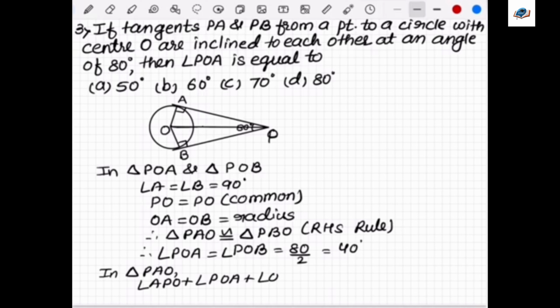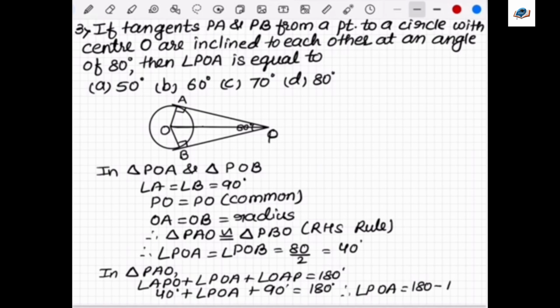So I can say 40 plus angle POA plus angle 90 equal to 180. So therefore, angle POA will be equal to 180 minus 130, that is 50 degree. So my correct option will be option A.